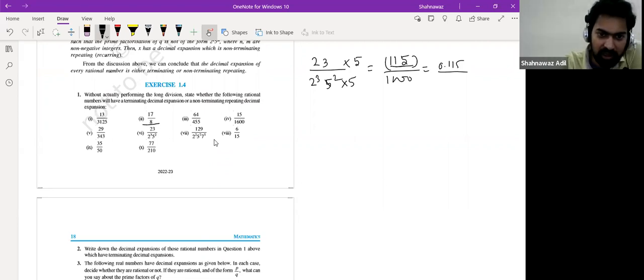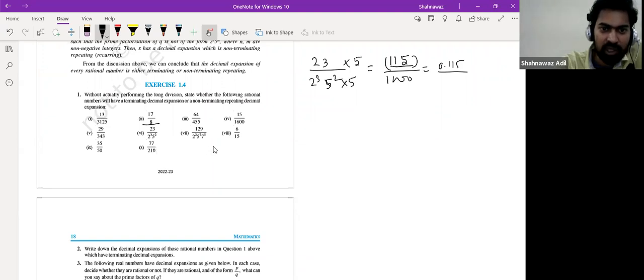Okay, so this completes the second question. In question 1 above, you only have to calculate the terminating ones. So you don't have to calculate the third one, the fifth one, the seventh one, and the eighth one.